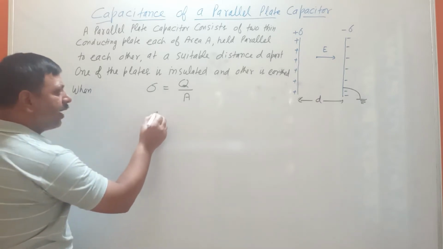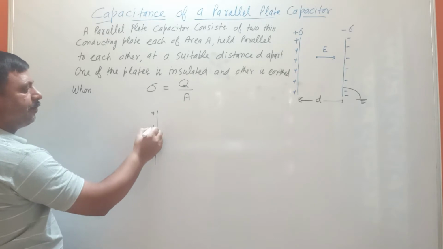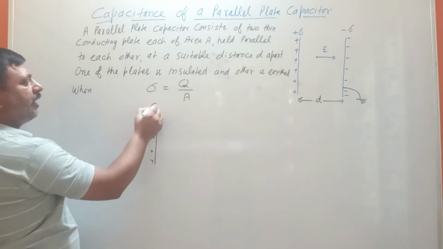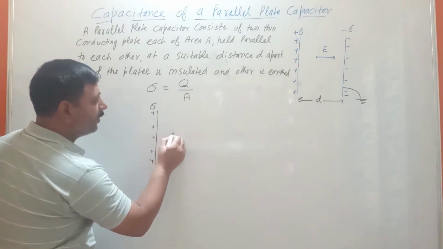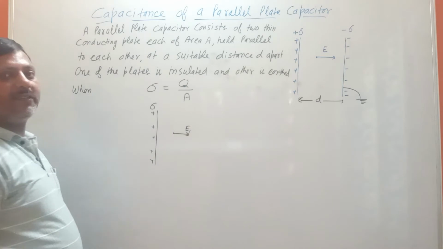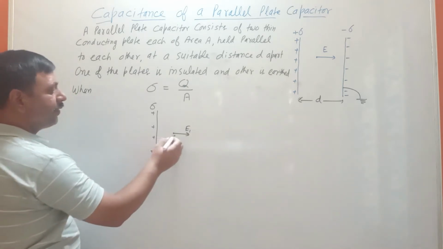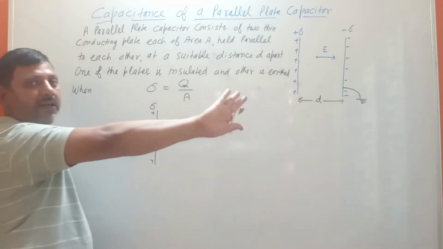I have told you, if there is a charged plate with surface charge density sigma, what will be the electric field intensity? Suppose I denote it by E1. It will be perpendicular to the plate and outward.